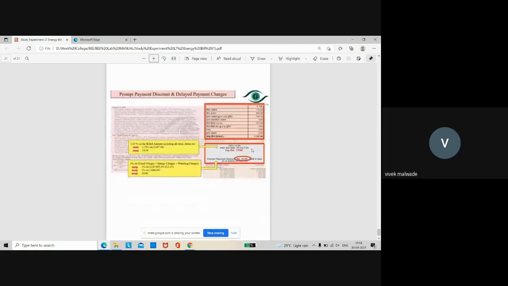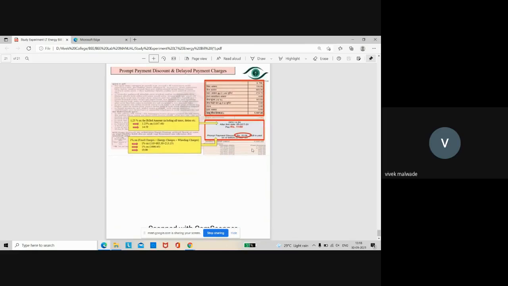Again here they will give you prompt payment discount or delayed payment charges. Means if you are paying bill on right time, before the due date, you will get additional 10 rupees discount. Okay, that is 0.061% of the fixed charges, energy charges and billing charge. And if you delay the payment, due date अगर आप cross कर रहे हो तो additional 1.25% on the whole bill. Means including the electricity duty also, they will charge you at 1.25%, which will be 14.59 rupees.